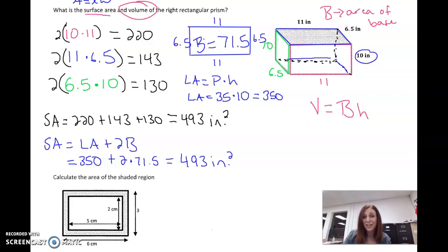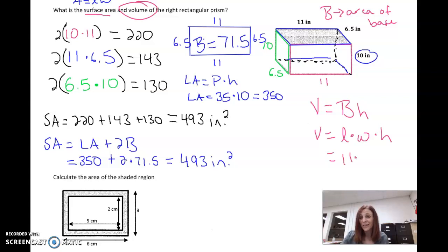Whether we use the top or the side, it's a rectangle. How do we find the area of the rectangle? Length times width, so this really just becomes length times width times height. Don't overthink volume of rectangular prisms. Super easy. You take length, width, height, and multiply them together.